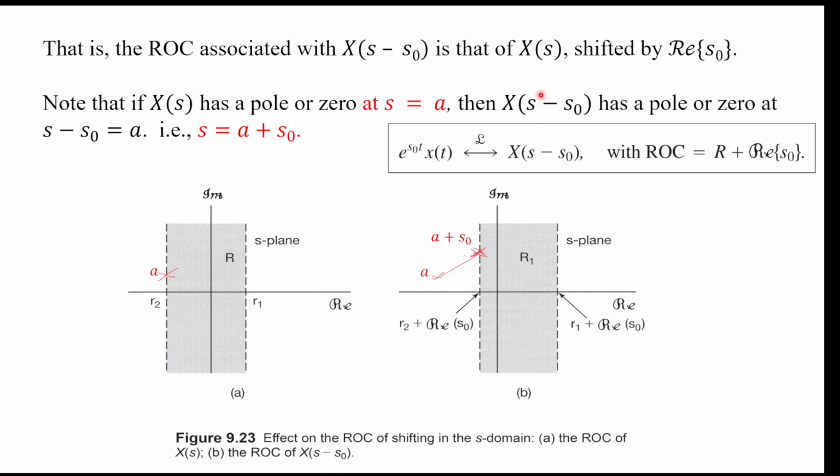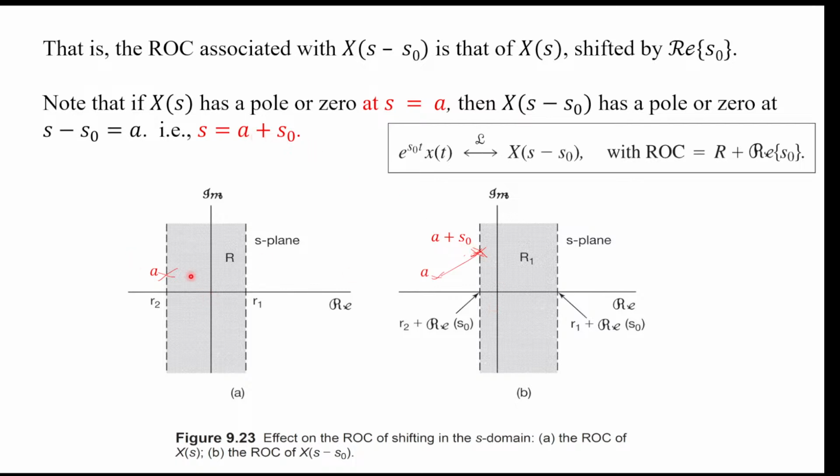Now think about X(s minus S0). The corresponding pole will be at the point where s minus S0 equals A, because X(A) equals infinity, as we know from here. So when s minus S0 equals A, this new function will be infinite. Moving S0 to the other side, that happens at s equal to A plus S0.